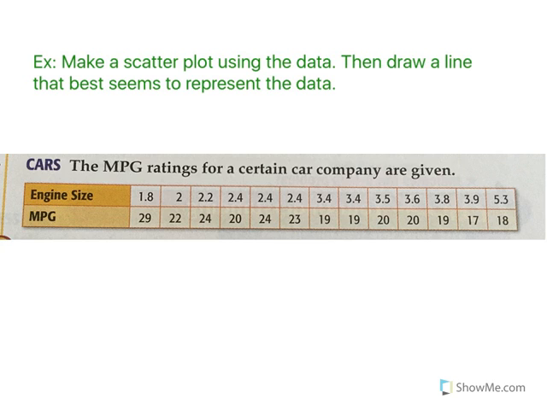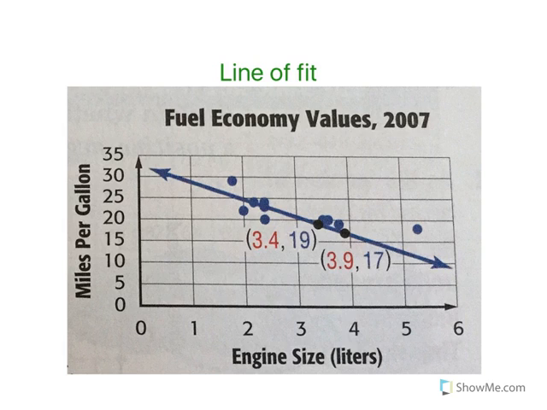For the sake of time, the graph is already done here. All these points, here, here, here, are the data points that were graphed, and that's what you would do. Then you estimate where the line goes through the most points, and you draw that line through the data.